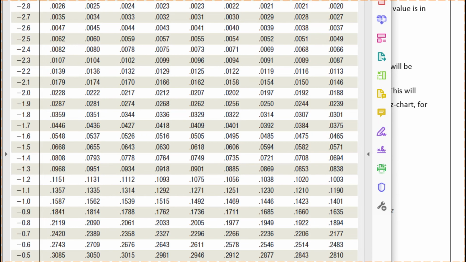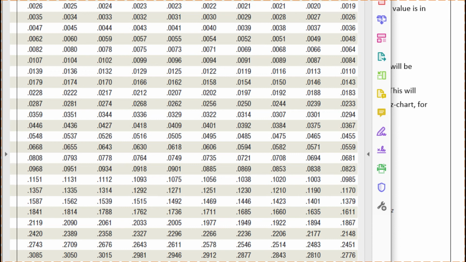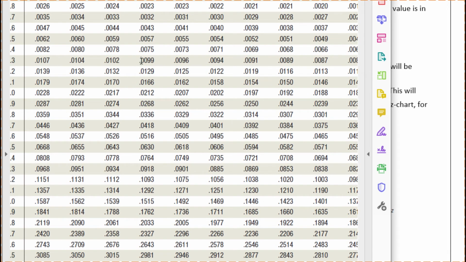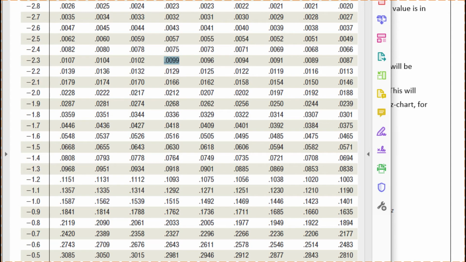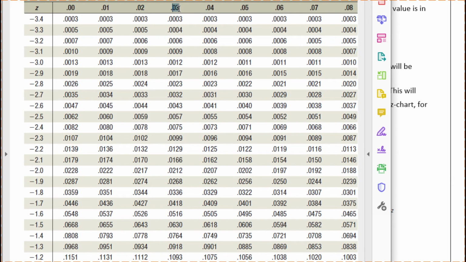The closest thing to 0.01 looks like this one. This one's pretty close as well, but this one's the closest. That's 0.01 if you round it. So we got negative 2.33, and there's a negative 2.3 right there. That's the closest value.